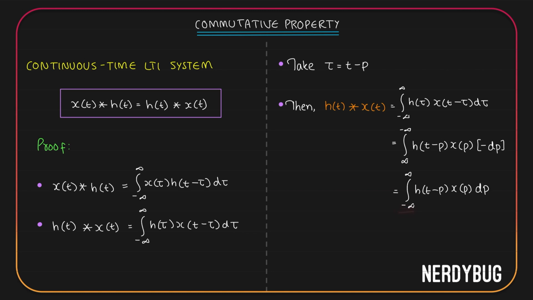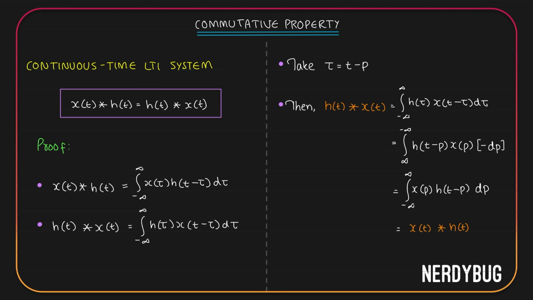The limits have been changed and the negative has been removed. Let's rearrange this. X of t minus p can come after x of p. Now this is simply equal to convolution of x of t and h of t.